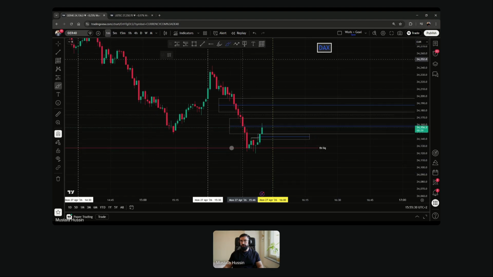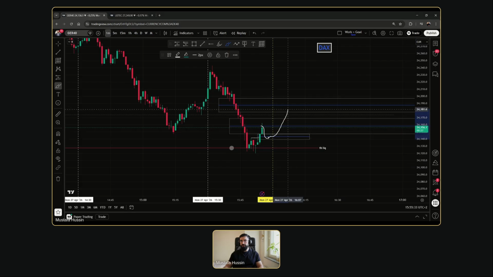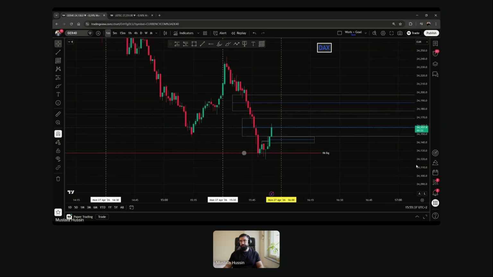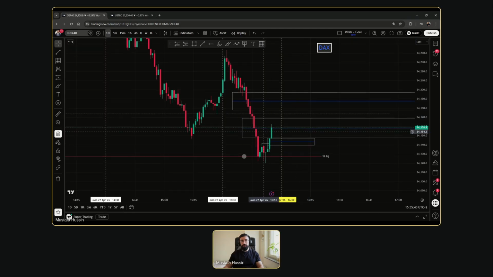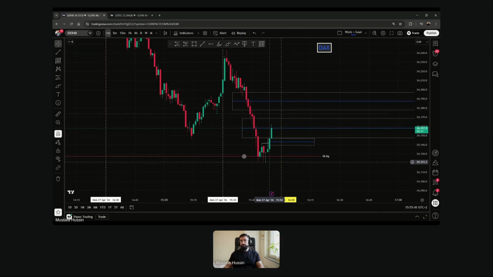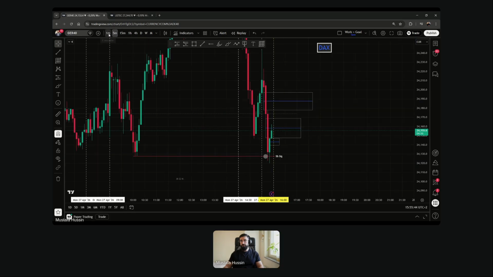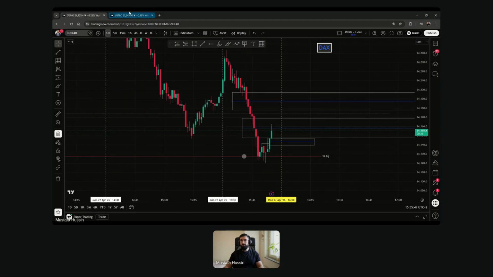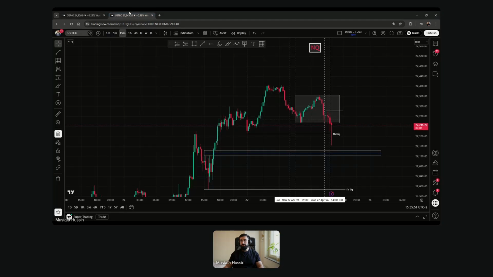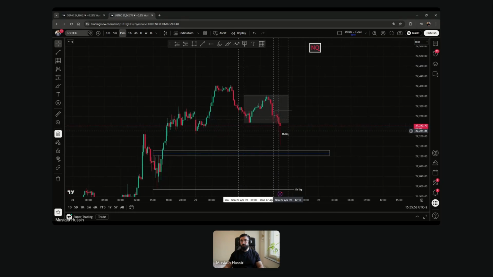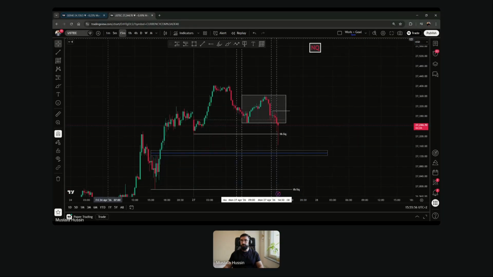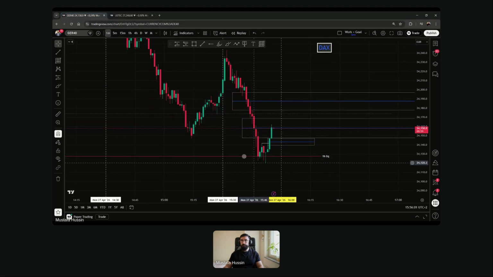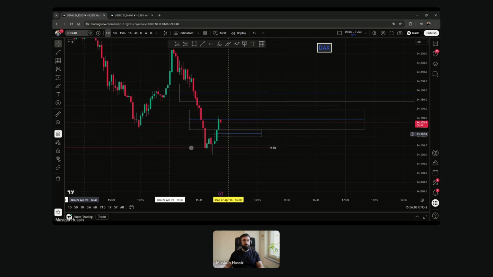So I'm waiting for it to continue to the downside, react from this fair value gap and continue to the upside. There's a 5-minute fair value gap right here, so this should give us a reaction to the downside. Okay. Nasdaq continuing to the upside also. Now focus on the DAX.